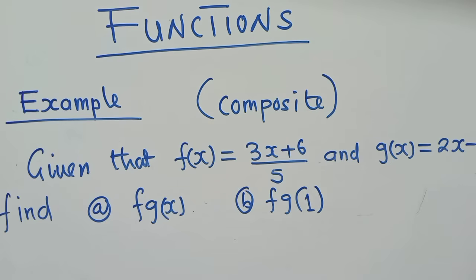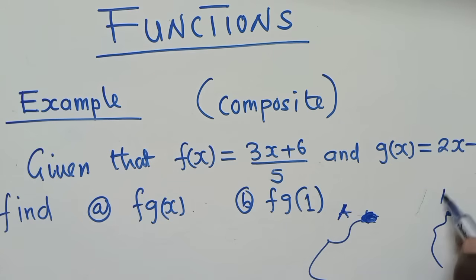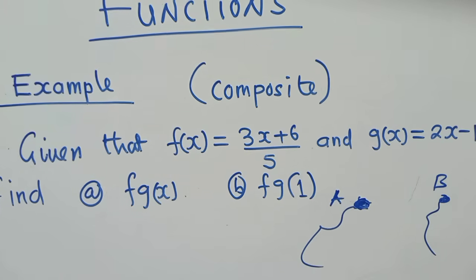One function has been contained by the other function, or one function has been swallowed by the other function. So let me just give an example. There is a snake here, and another snake here. So this is snake A and snake B. We have two snakes.